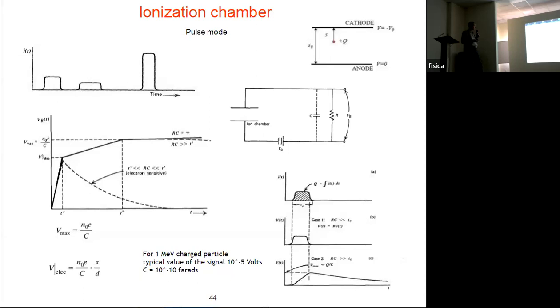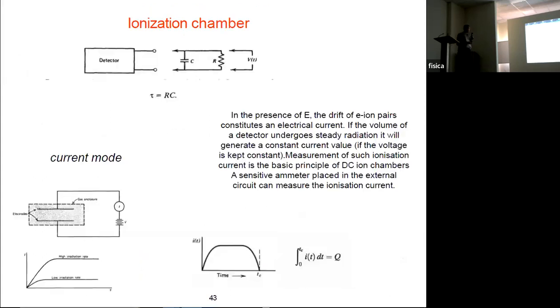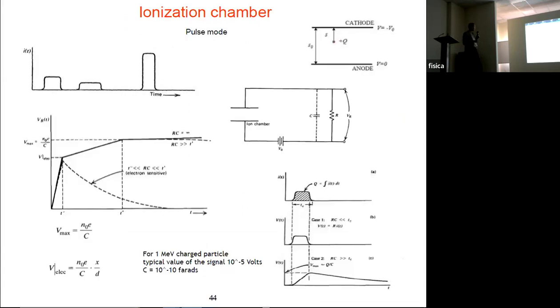But in particle physics, where you have to measure the energy of particles, we use the so-called pulse mode. The difference is that here you see a continuous signal over time, and here in pulse mode you see different pulses with different amplitudes, and this amplitude corresponds to the energy of the particle.